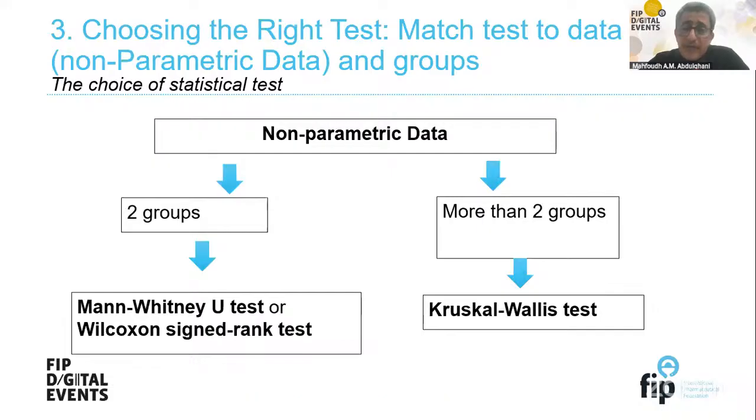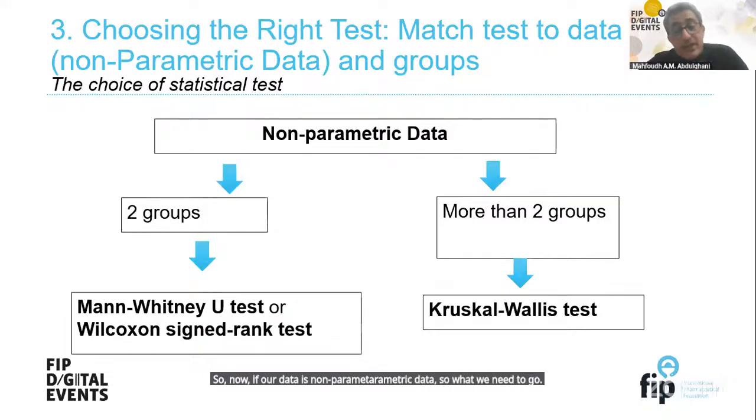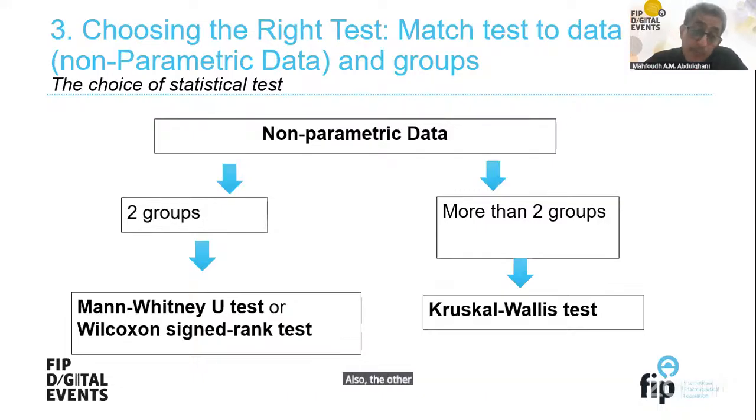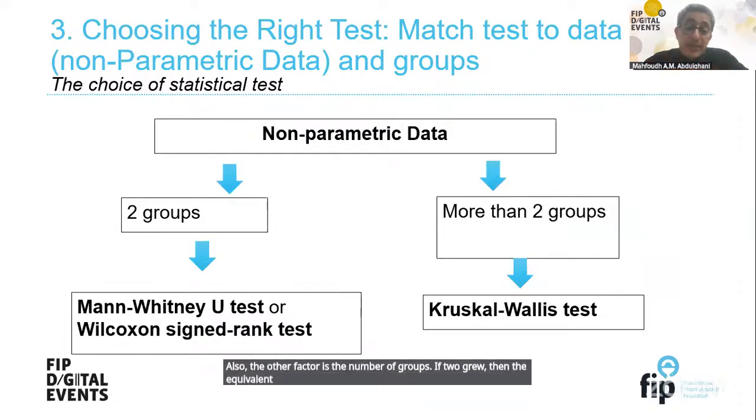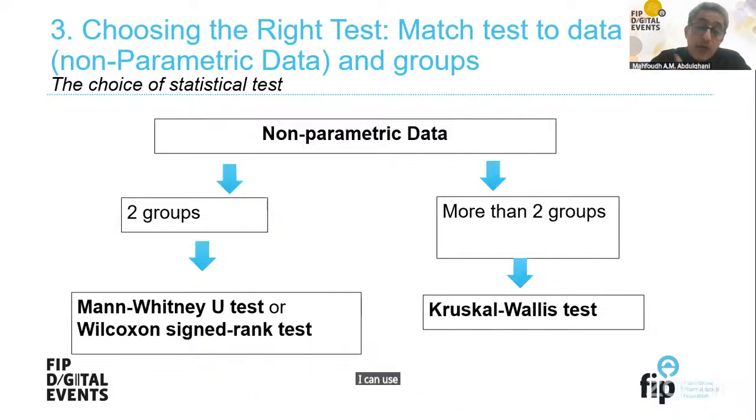So now, if our data is non-parametric, what do we need to do? Again, the other factor is the number of groups. If two groups, then the equivalent of the t-test in parametric data, I can use Mann-Whitney for non-parametric data, only if we have two groups.